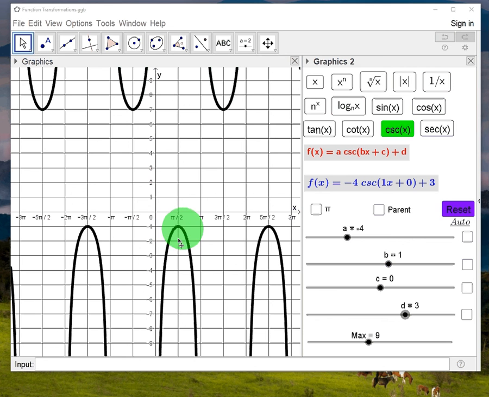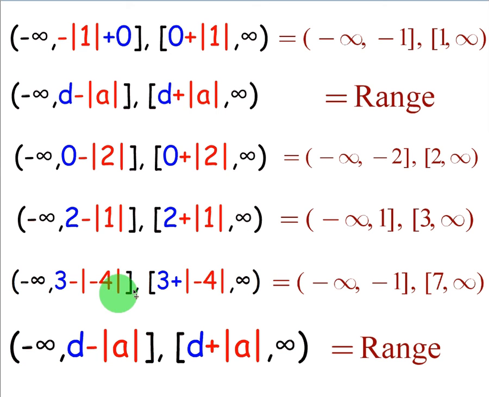It's going to give us negative 1 right here where the tops of these upside down U-shapes are. And then 3, the middle of the graph, plus 4, 7, will be at the bottom of these U-shapes. Okay, so negative infinity, negative 1, and then 7 to infinity. Don't forget your brackets and your parentheses. So, all that to say, this is the visual proof.